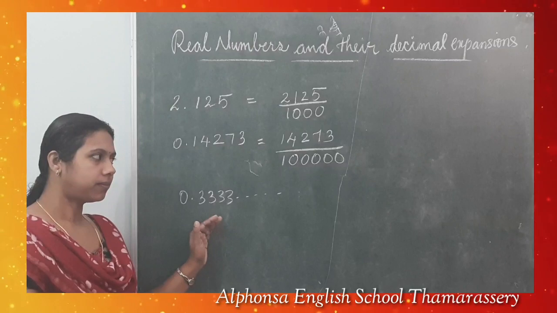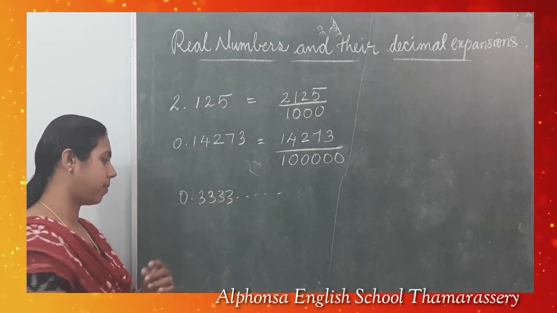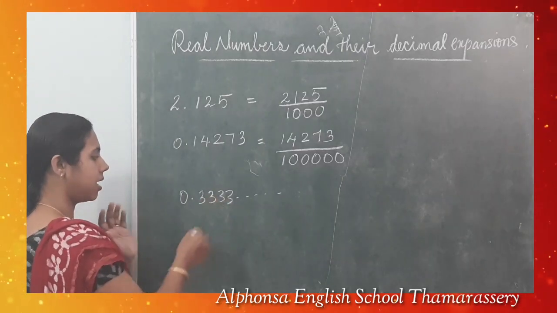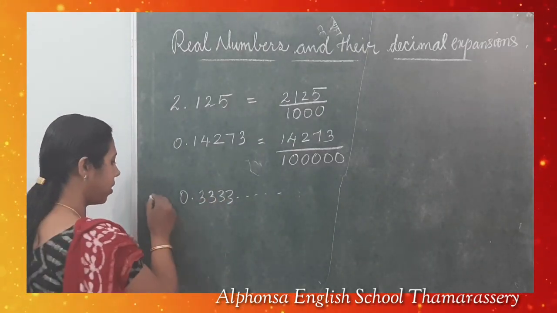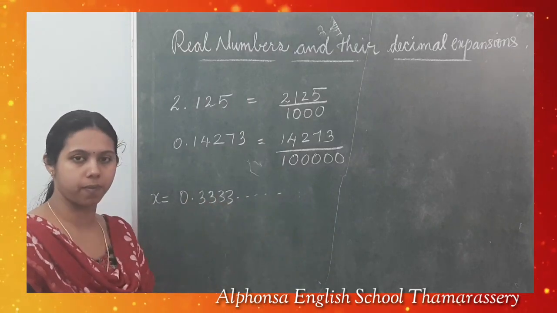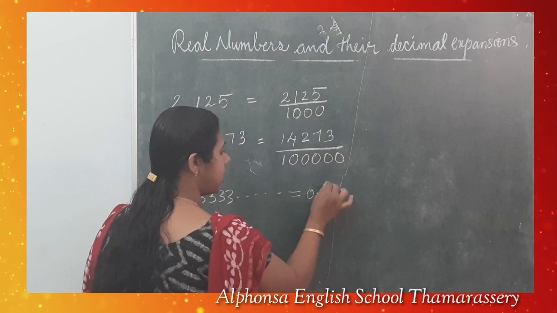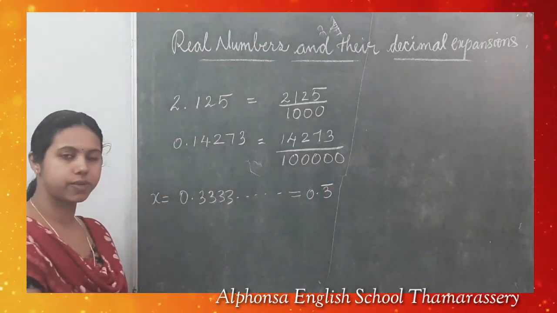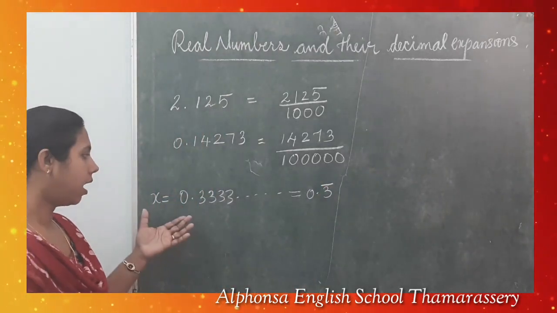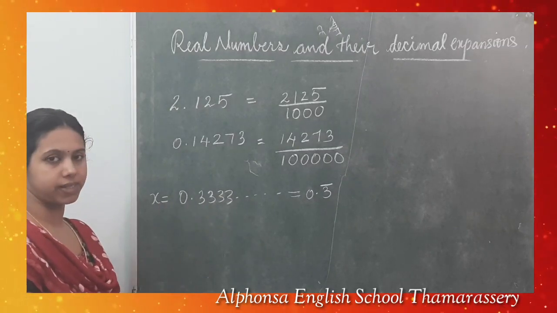For that, we have to consider this number. Let x be a rational number. So let x equal 0.333, etc., which we can write as 0.3 bar. Now multiply by 10 on both sides. Why?